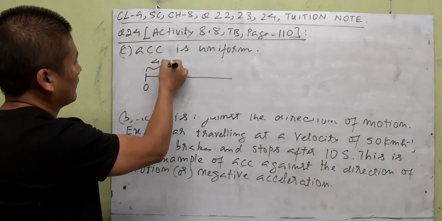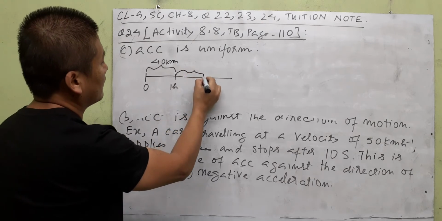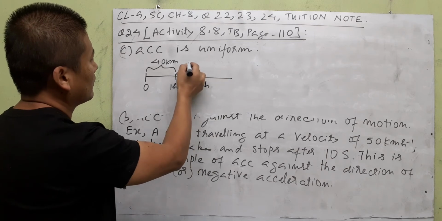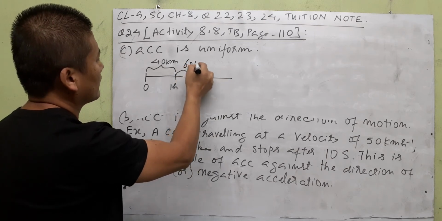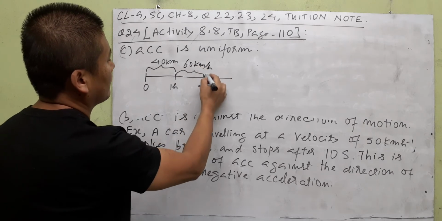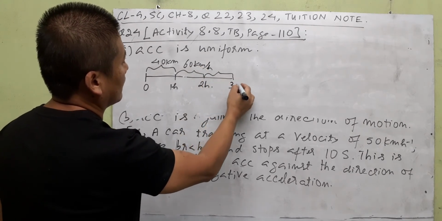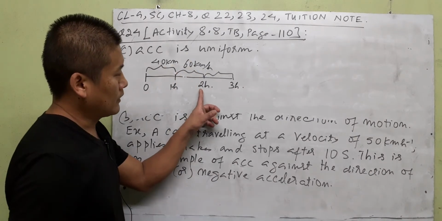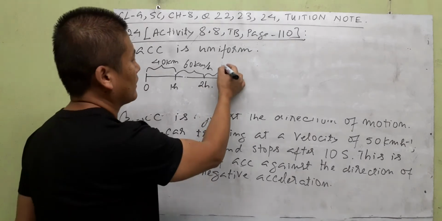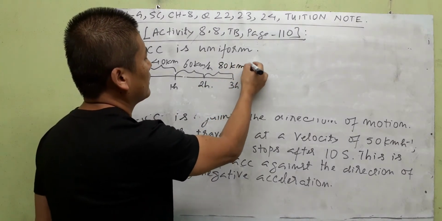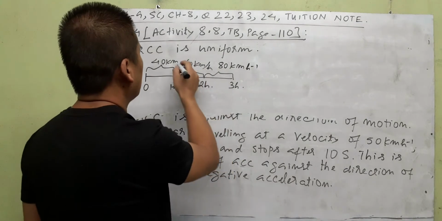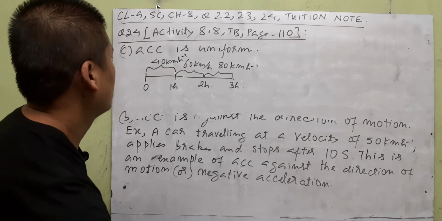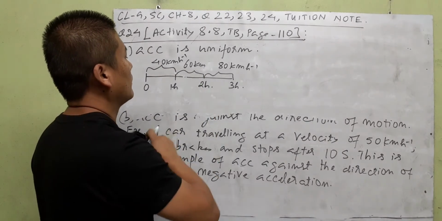Then after another 1 hour, so 1 hour plus 1 hour, 2 hours, it is now 60 kilometer per hour. After the second hour, for the next 1 hour, it is traveling at a different velocity, 80 kilometer per hour. Okay, so here we can express it in the way that you find convenient.